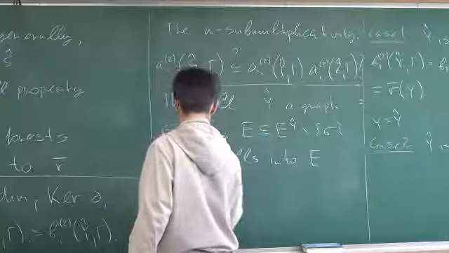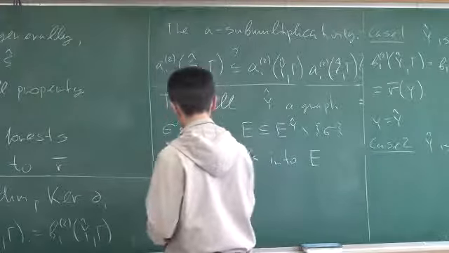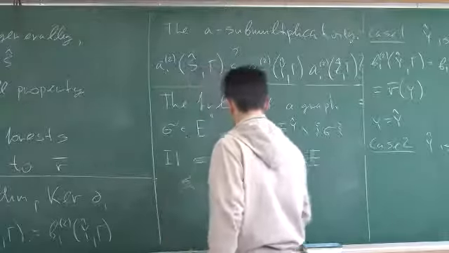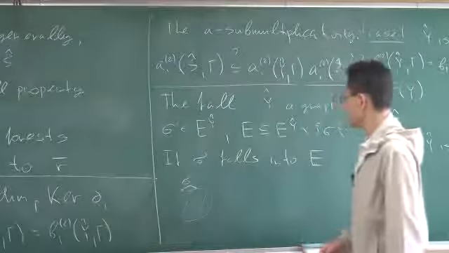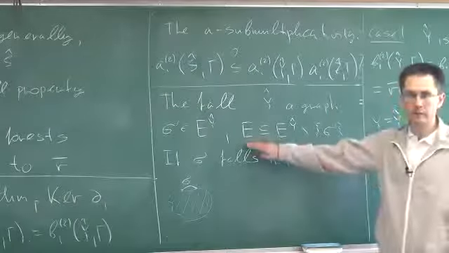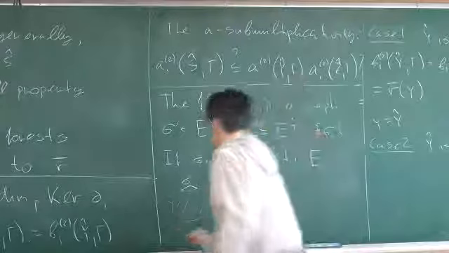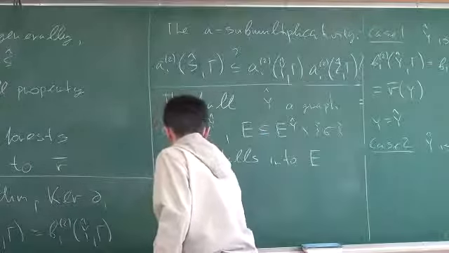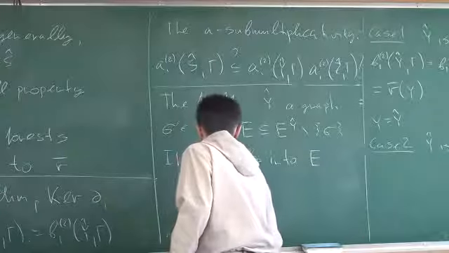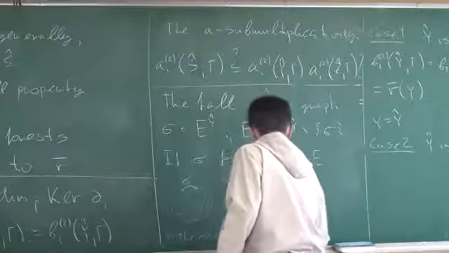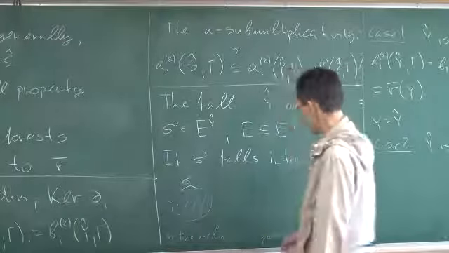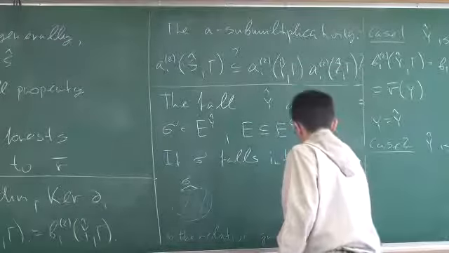Either the picture is like this: this is sigma, and this blue part is in the relative graph. We consider the graph generated by this set E. It's a component of the relative graph y hat of E.